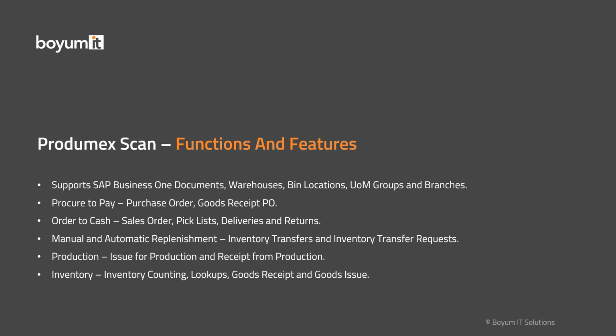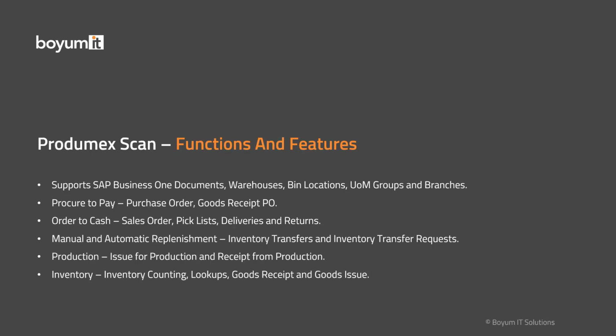Also, if we have a customer that has a manufacturing process and is using SAP Business One standard functionality, we have the issue for production and receipt from production. And one of the most powerful tools from Produmex Scan is the inventory counting and the lookups, because with inventory counting, we reduce a lot of the effort we have to do when making inventory counts in our warehouse.